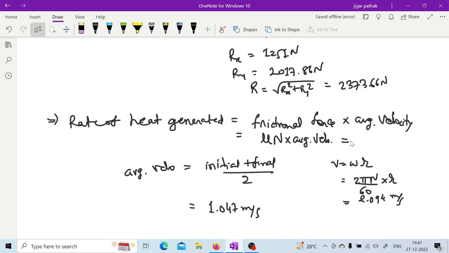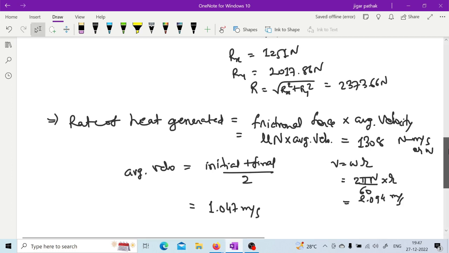So it will give you the rate of heat generated. So what is it? 1308.9. It is almost 1308 Newton meter per second, right?